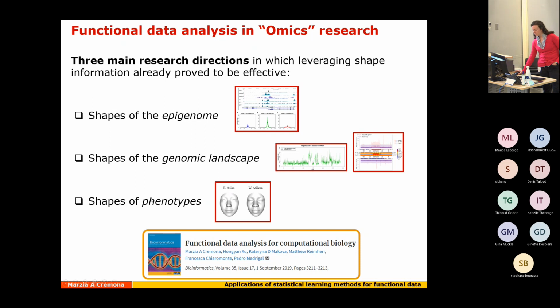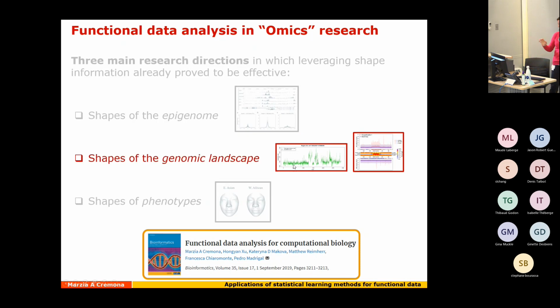We have shapes of the phenotypes, in which we try to find a correlation between, for example, SNPs or other omics data with some phenotype. For example, here with the shape of the face of people from different ethnicity. And we have the shape of the genomic landscape. And I'm going to tell you more about this.